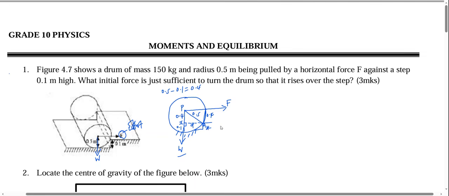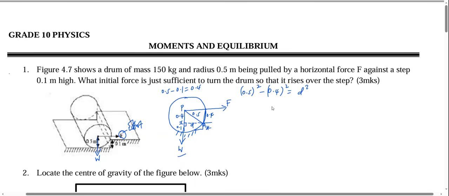Now using Pythagoras theorem, for that case, we will have 0.5 squared, because it is the hypotenuse, minus 0.4 squared is equal to D squared.